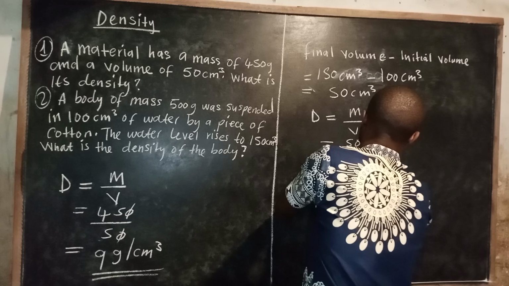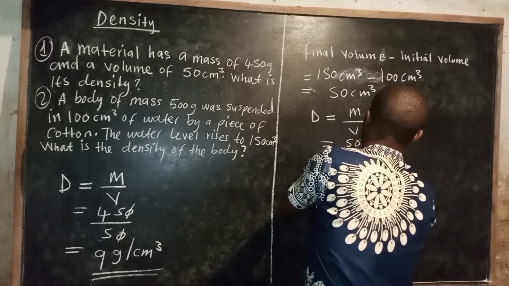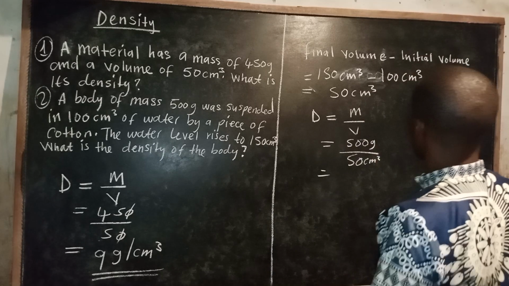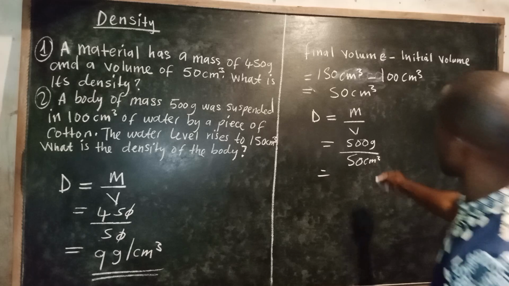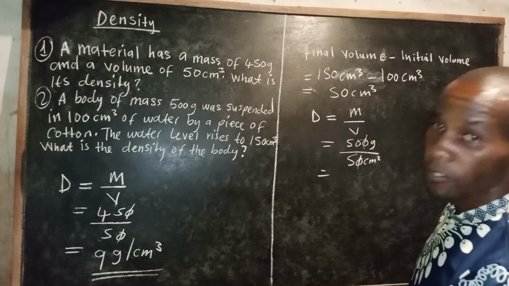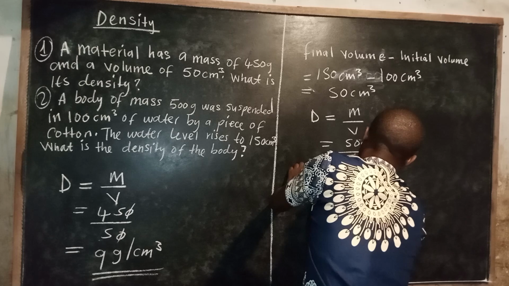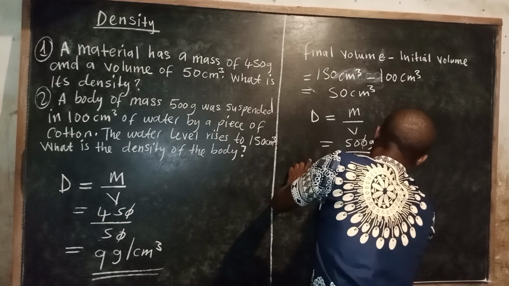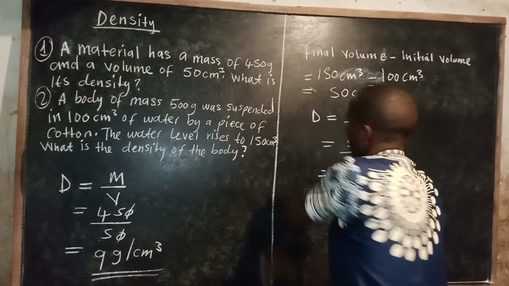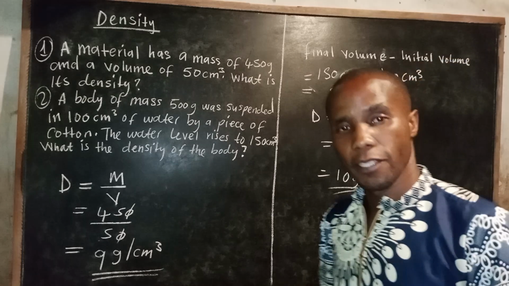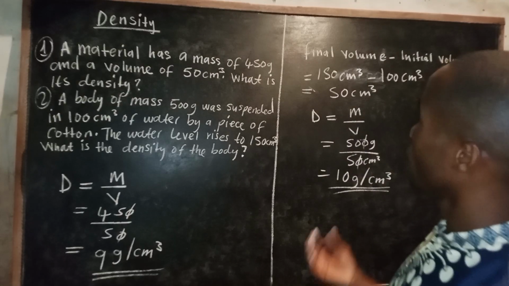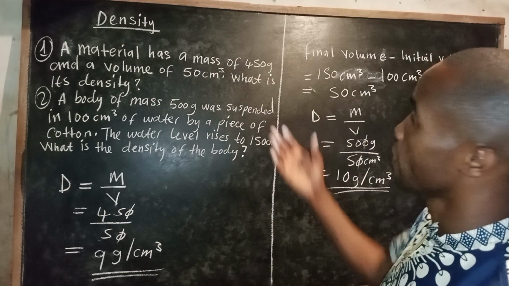Our volume is 50 centimeters cubed. Now from there we can say 500 divided by 50. The zeros cancel, then 50 divided by 5 is 10. So 10 grams per centimeters cubed.